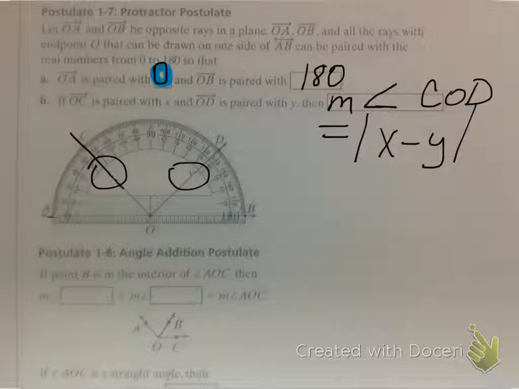And COD is the angle. So if you use a protractor, a lot of times we turn it and line it up here, and that's okay. But if not, you can just subtract these two values and find what the angle is.